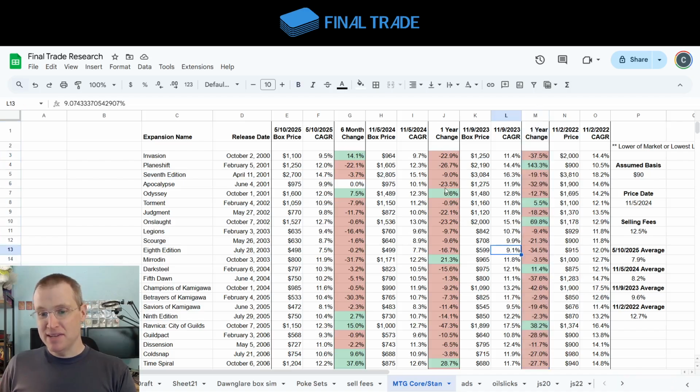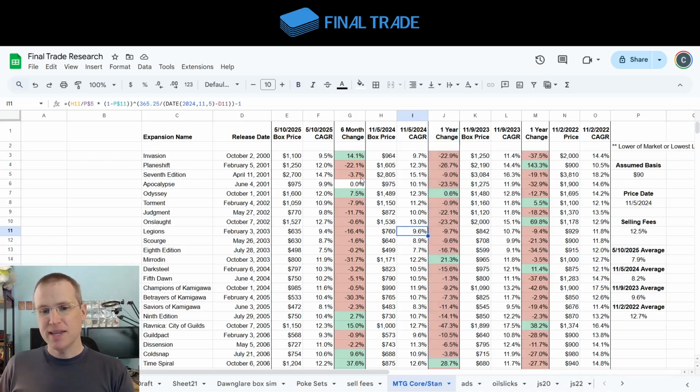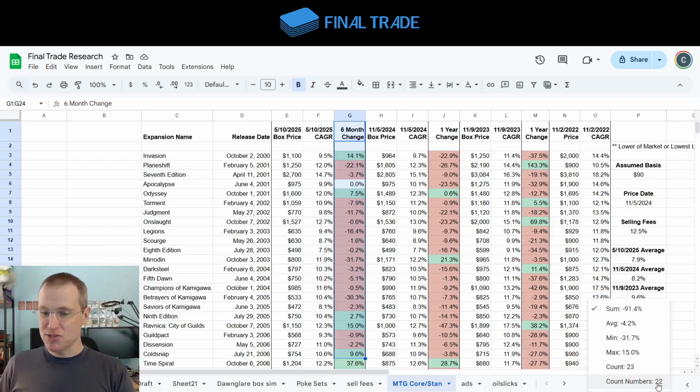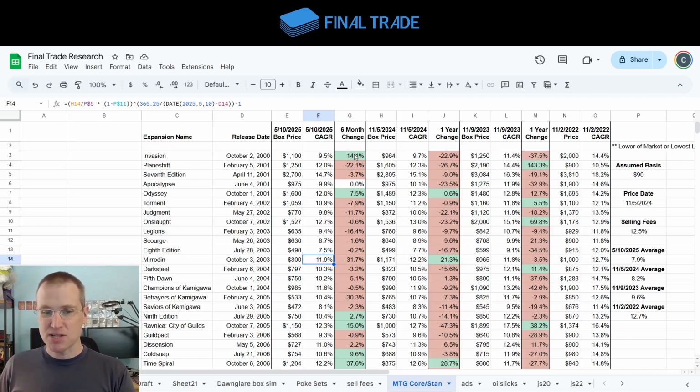And then again, the next year, the 1 year loss in price was closer to mid-teens on average. And now we see in the last 6 months, most of them have lost less over the last 6 months. We would put the average of that, in fact, we can just have this calculate it, negative 4.2% on average, just for these, for about 6 years of standard Magic boxes at the beginning of the 2000s.